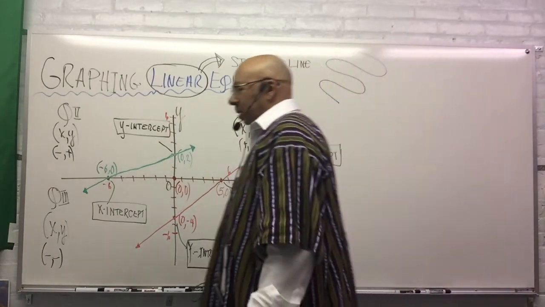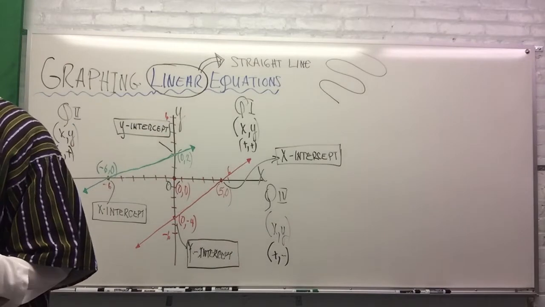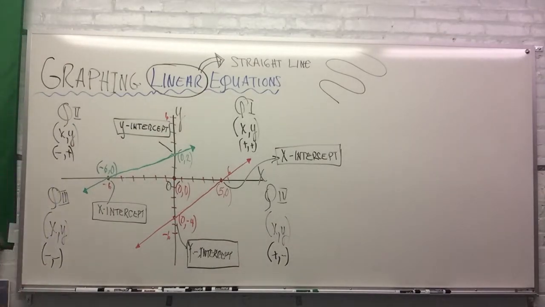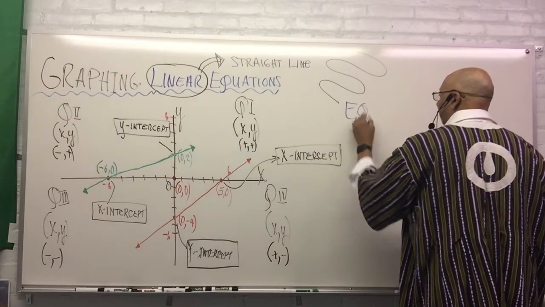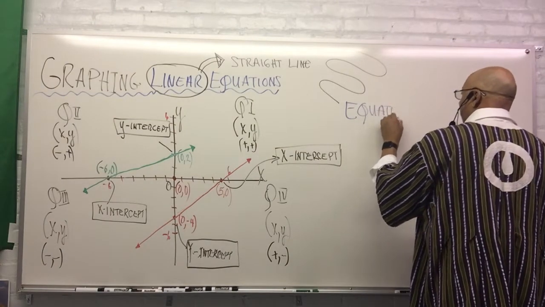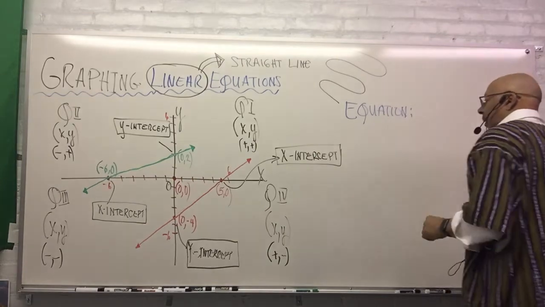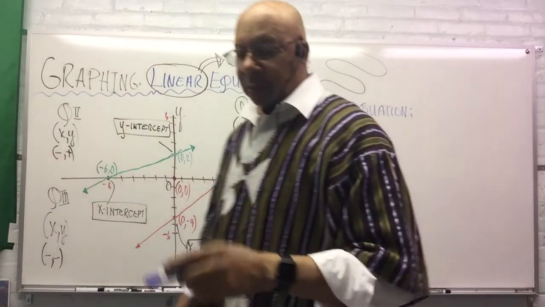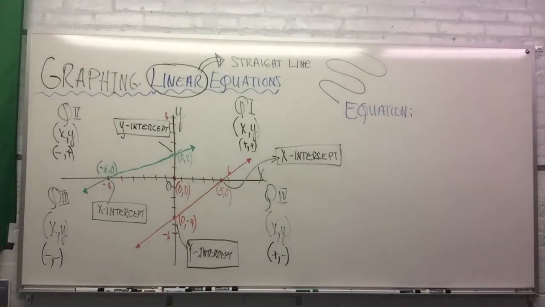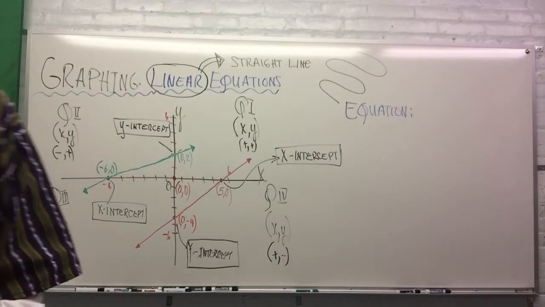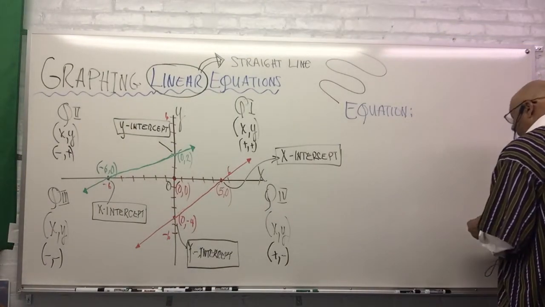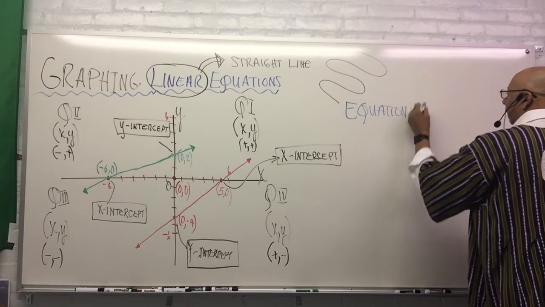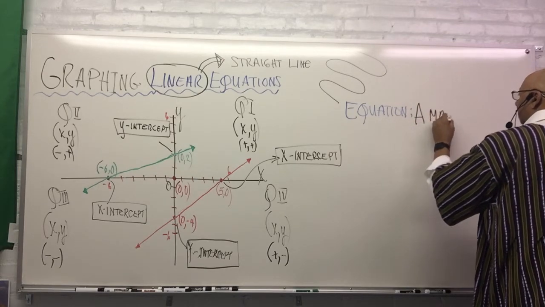Now, an equation, which you've seen before, so we're just going to remind ourselves. An equation, I'm going to write it right here so you can write it down for yourself later. Equation. An equation is a mathematical expression that two things are equal. I'll say math instead of mathematical.